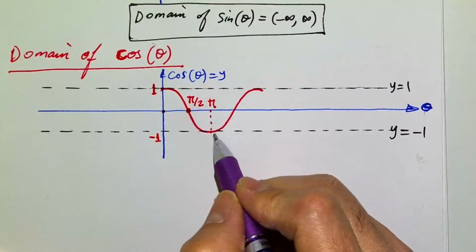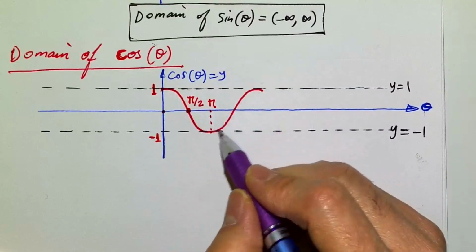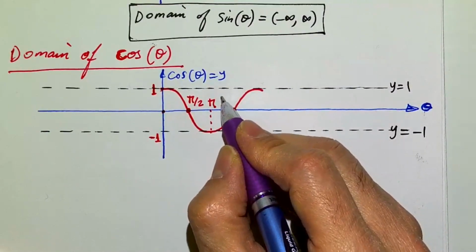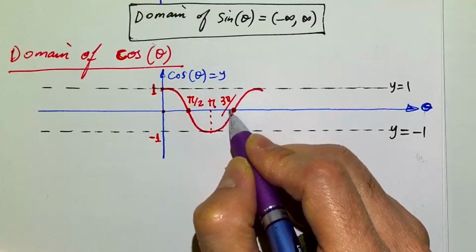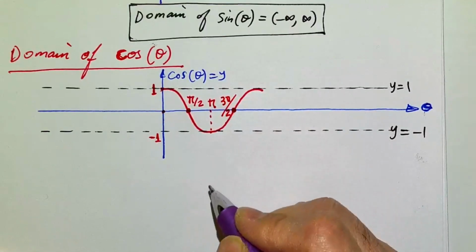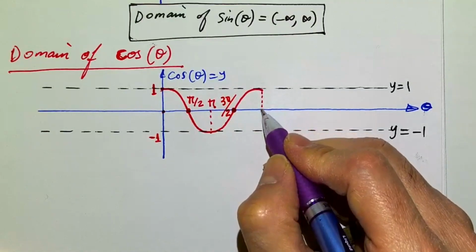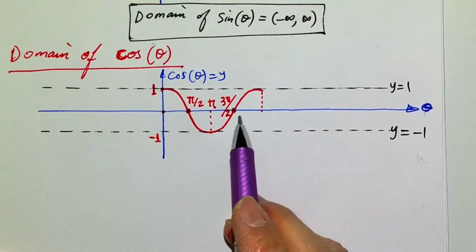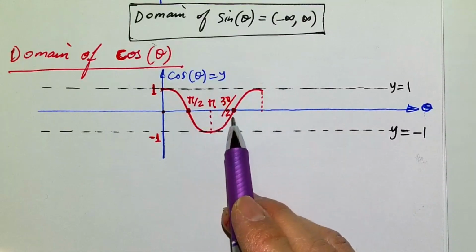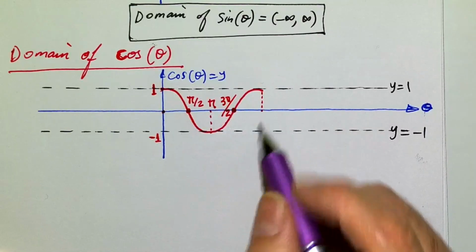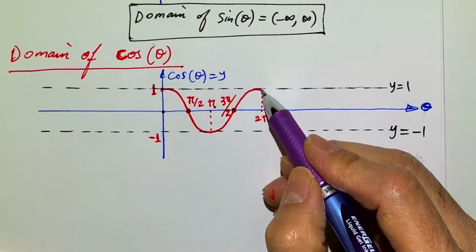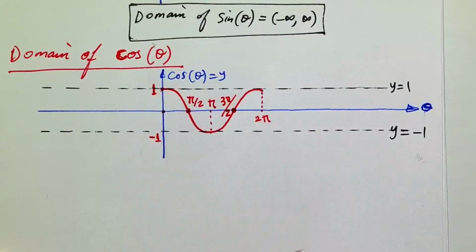Okay, so that distance, and then it's 0 again at 3 pi over 2, and then at 2 pi, again it hits the highest value, 1.